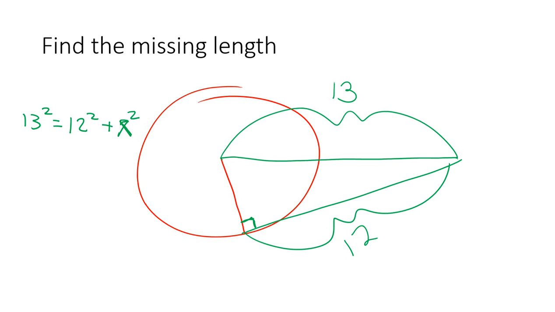We subtract those, getting x squared is equal to 25, which tells us that the radius must be 5. So whenever you have a tangent and a radius, you can create a right triangle to help you find missing parts.